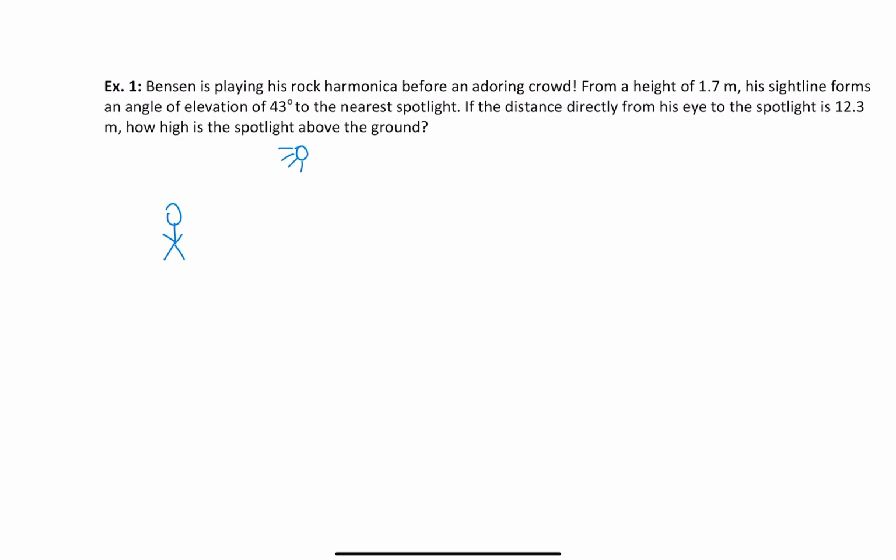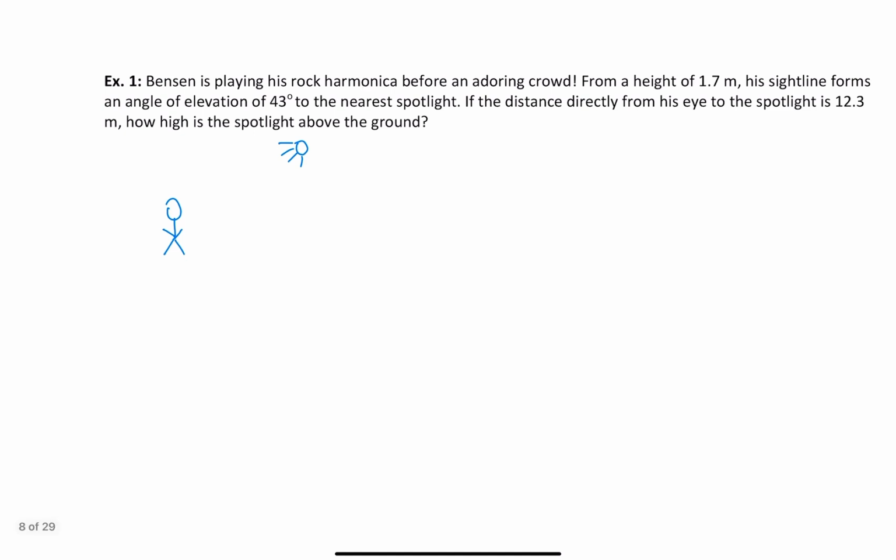And so it says that from a height of 1.7 meters, that means that Benson here is 1.7 meters tall. And his sightline forms an angle of elevation of 43 degrees. So remember, the angle of elevation is from our horizontal line, and a horizontal line is what's at eye level.